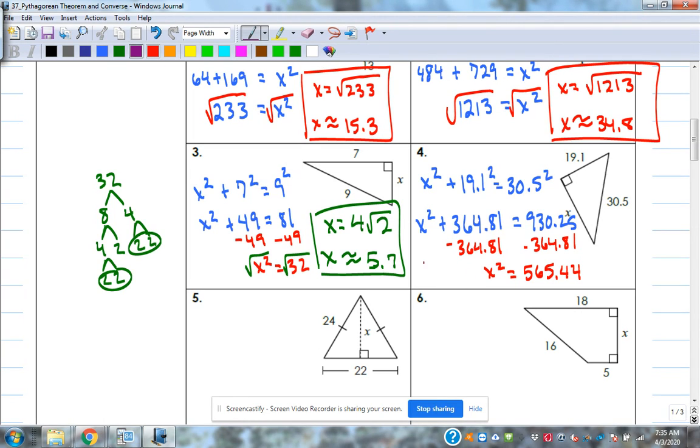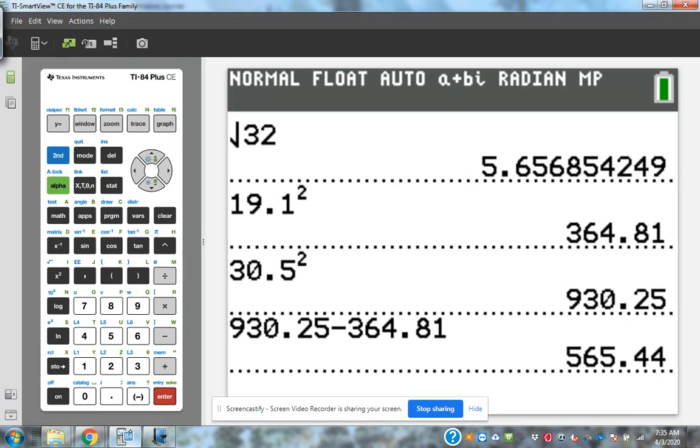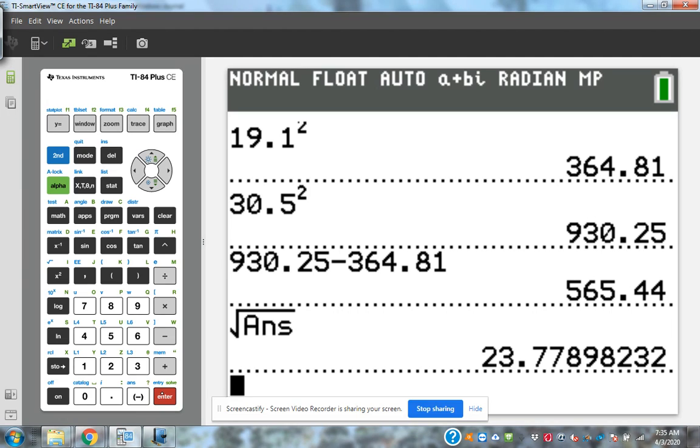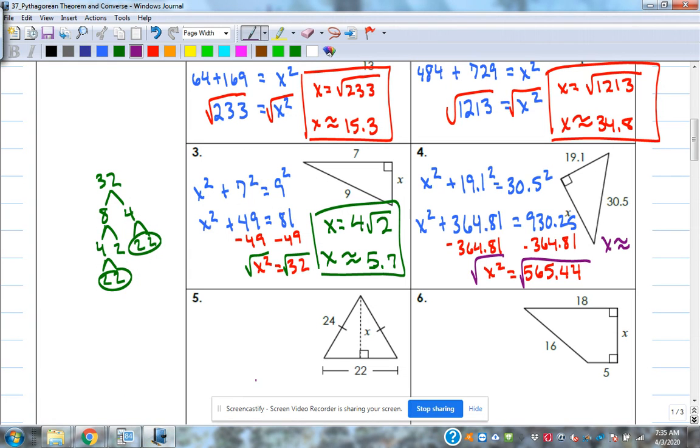And we would take the square root of both sides. Square root of that answer is 23.8. Look at the 7, which makes the 7 go up. 23.8.